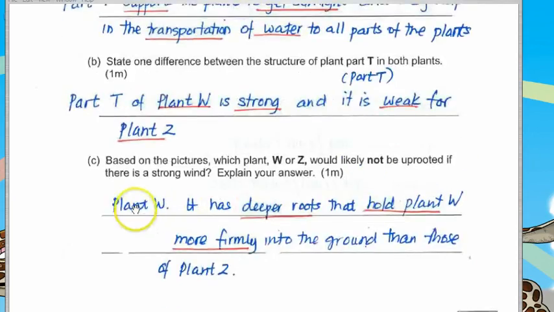All right, so plant W has deeper roots. Why? Explain your answer. It has deeper roots and that holds the plant much more firmly into the ground than those of plant Z. Please make a comparison. Why will it not be blown off easily? Because it is deeper and supports the plant more strongly compared to those from plant Z.